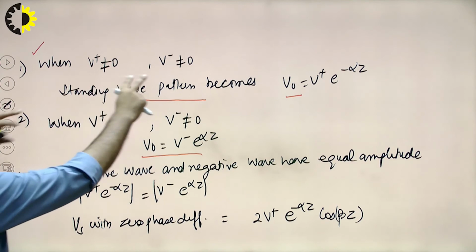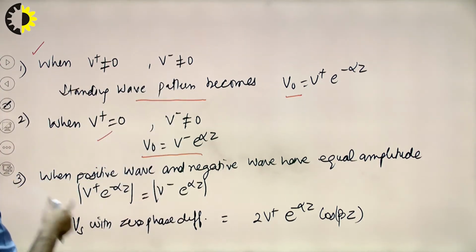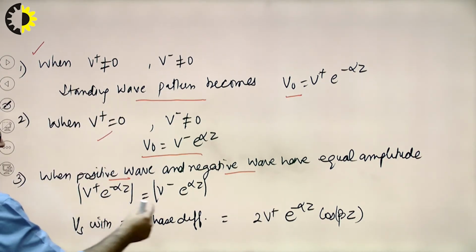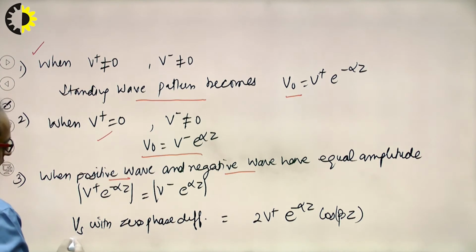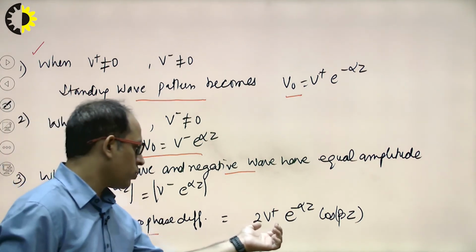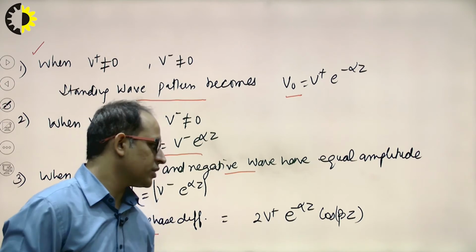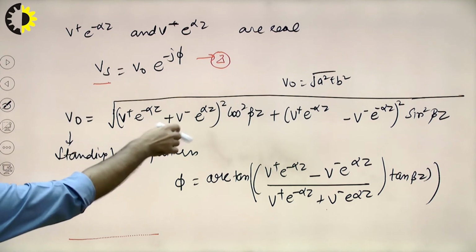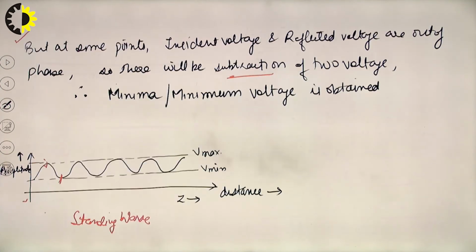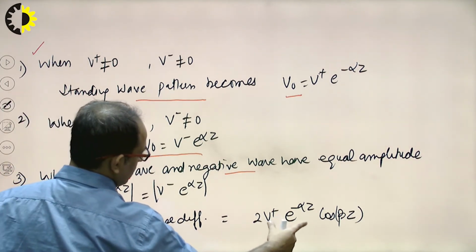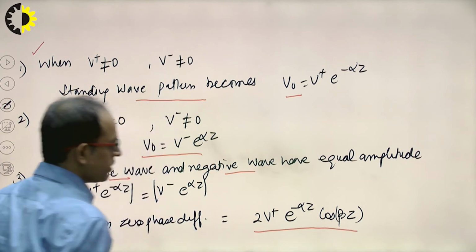When both magnitudes V plus and V minus are equal, meaning the positive wave and negative wave have the same amplitude, then V plus e to the minus alpha z equals V minus e to the minus alpha z, and at that time Vs, the source voltage with 0 phase difference, will be equal to twice V plus e to the minus alpha z cos beta z. Means you will see here that in this equation there will be addition. Clear? So Vs will come out to be twice V plus e to the minus alpha z cos beta z.